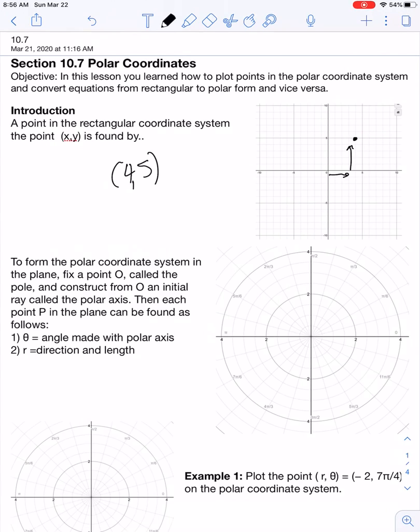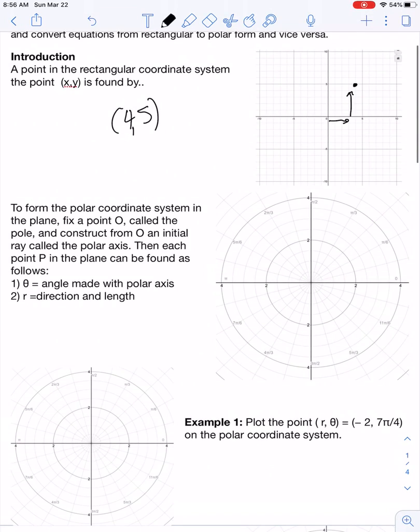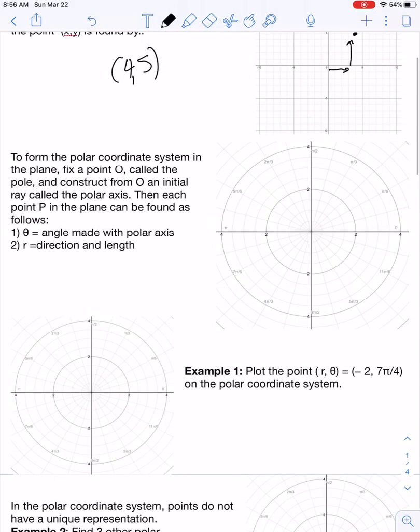All right, so we're going to define a different way to get to a point. Instead of over and up, we're going to do angle and radius. So what we do is we start with a fixed point that is called the pole, and then we make the x-axis, this ray, called the polar axis.